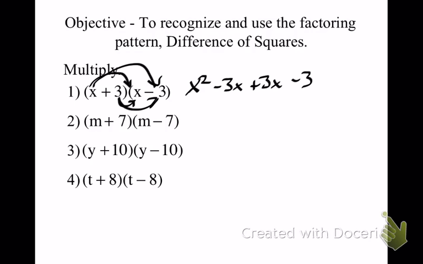When you combine your like terms, we find that my inner and my outer terms end up canceling each other out. We are left with just x squared minus 3. Now, what we call that is a difference of squares. So I'm going to skip this and move on to how we actually solve this.